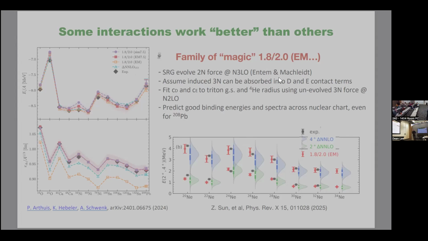It also turns out that if you readjust the cD parameter of the three-nucleon force, you can also get radii quite well described. This is shown in this paper by collaborators where they change cD to quite large values. They can also get the radii quite well described.